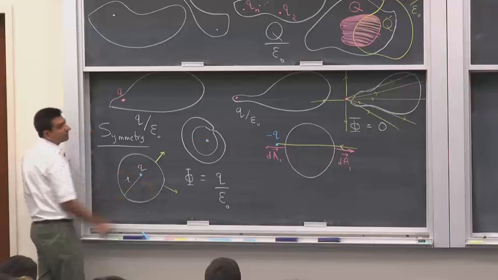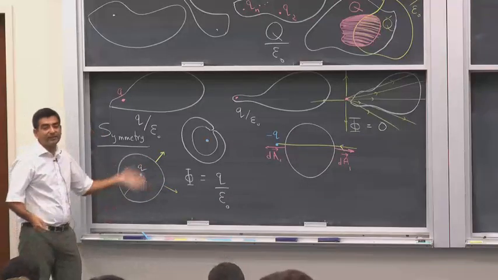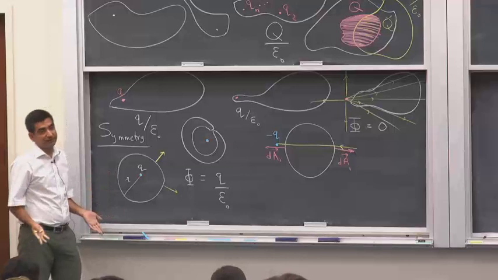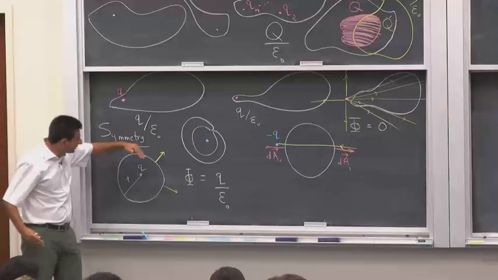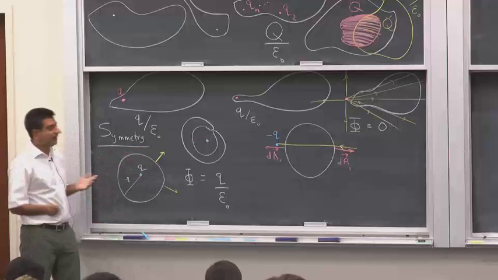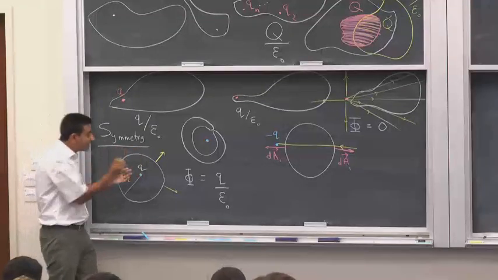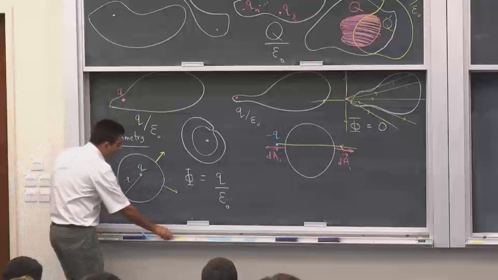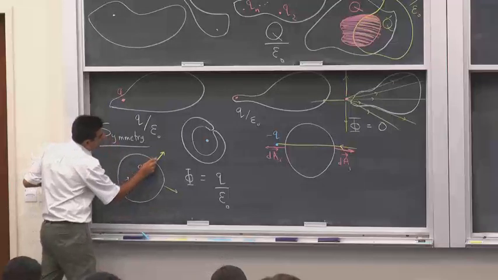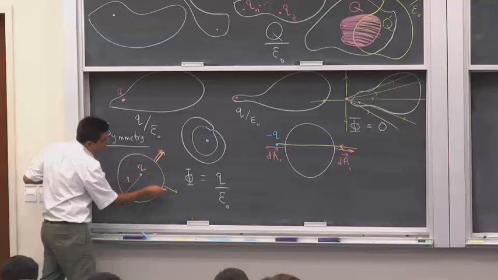And the magnitude of the electric field at all points is the same, even though the direction is different. But the direction is always along the radius. It's normal to the surface, so it's always along the radius. Remember that this is a sphere, so there are electric fields coming out as well. I'm only drawing a cross section. And at each point, the area vector is normal to the surface.